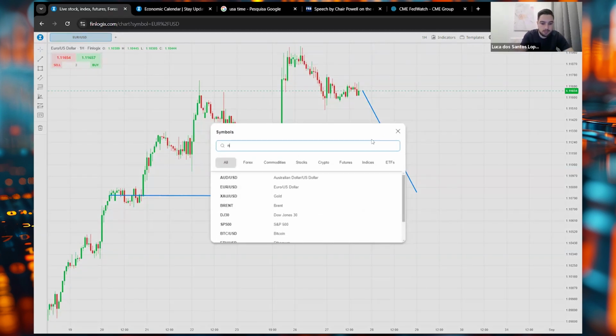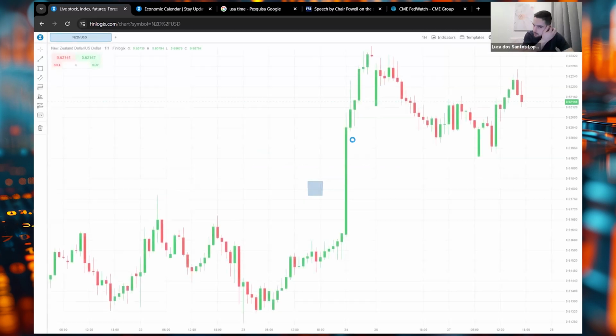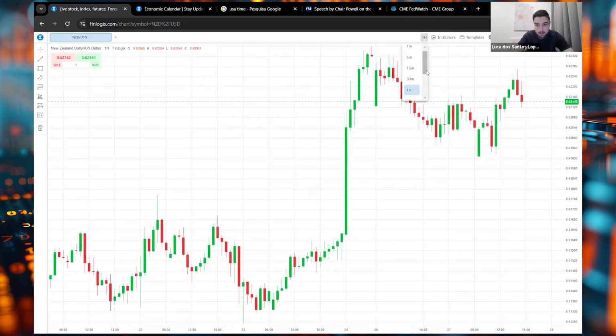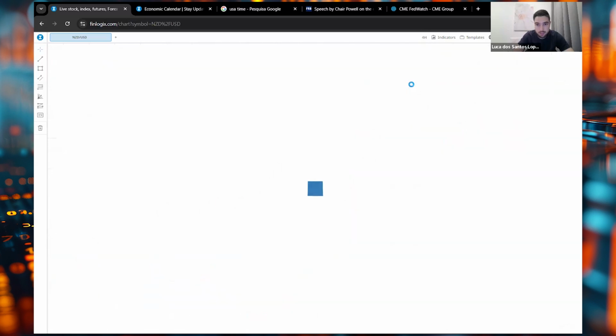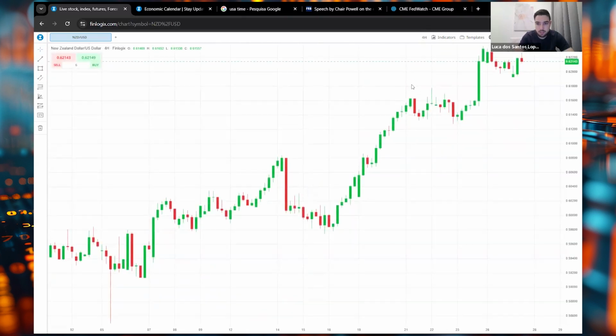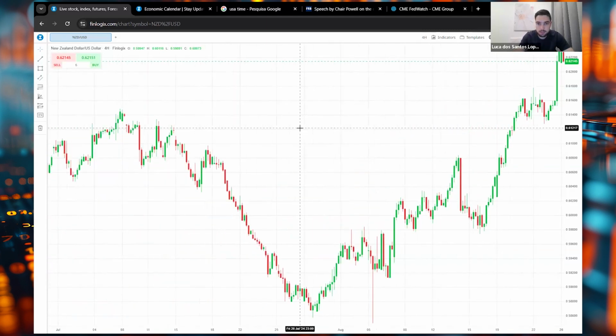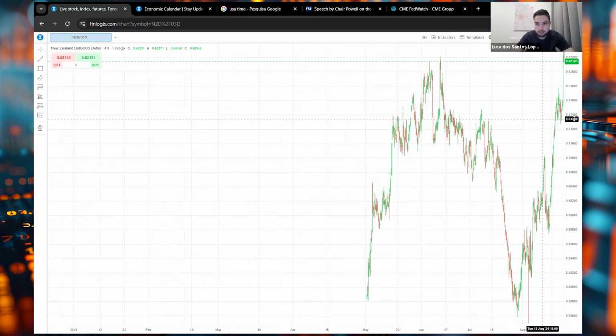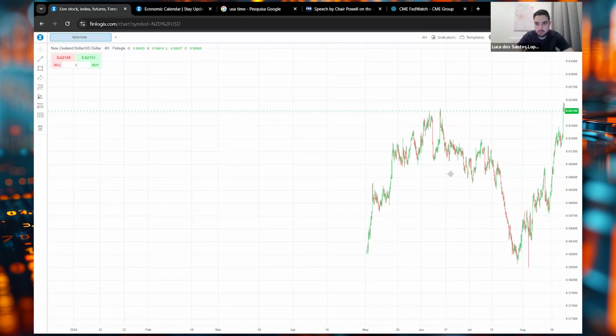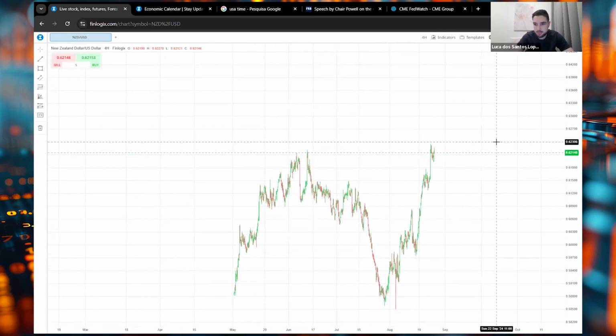Then New Zealand dollar. Someone asked about New Zealand dollar as well. I was long. I don't have any other trades backed up, but I had a position. I've mentioned a long position on New Zealand dollar until this level here, 62,300, around these levels.